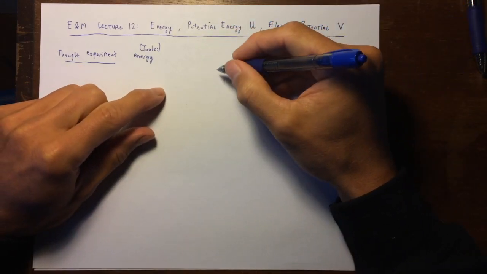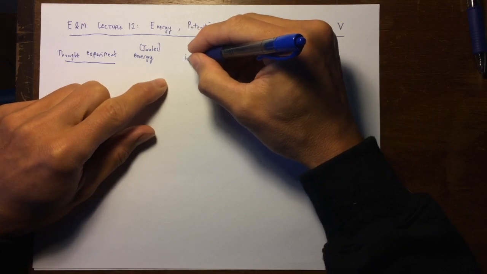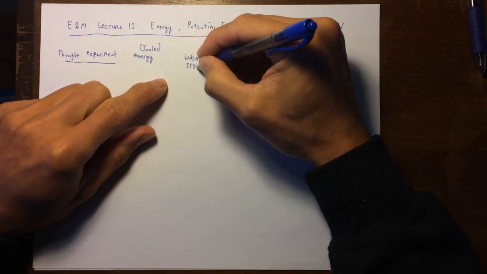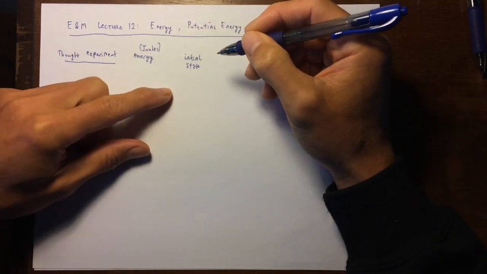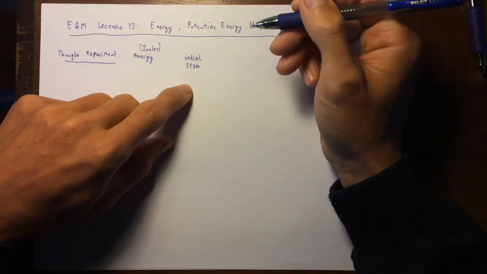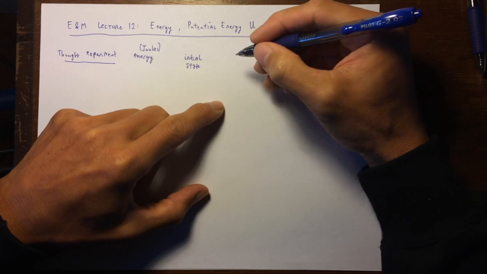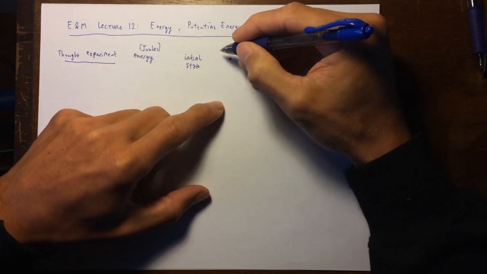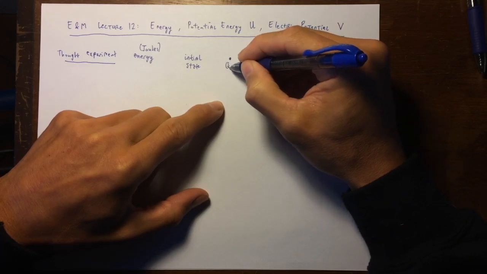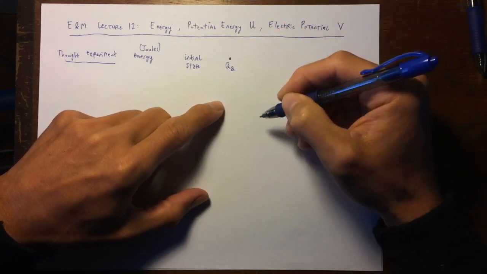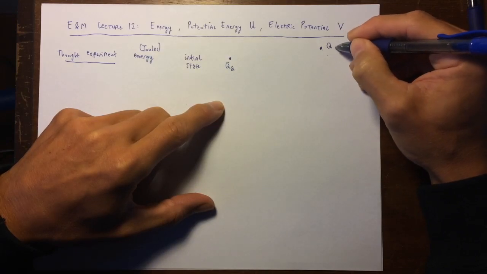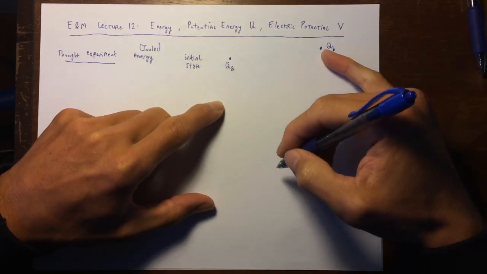Let's imagine that I have some initial state, at some early moment in time, and I have two charges, a pair of charges. One of the charges has value charge Q sub A, and the other charge has value Q sub B, right?